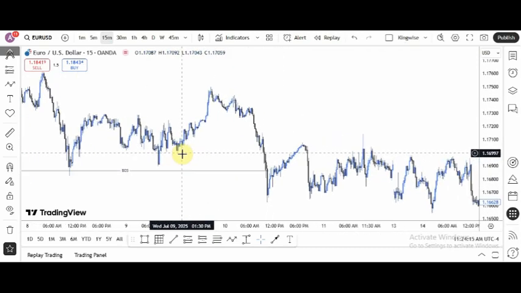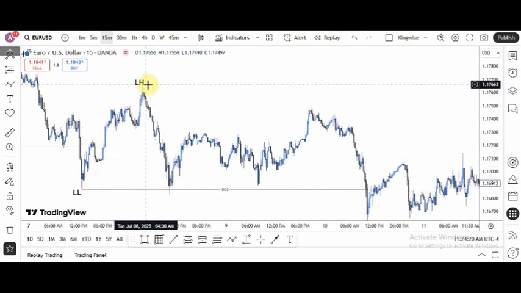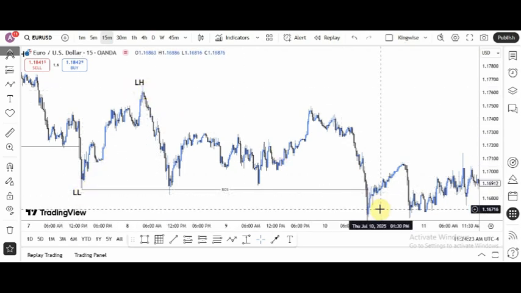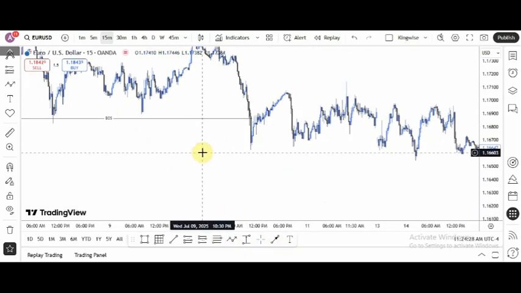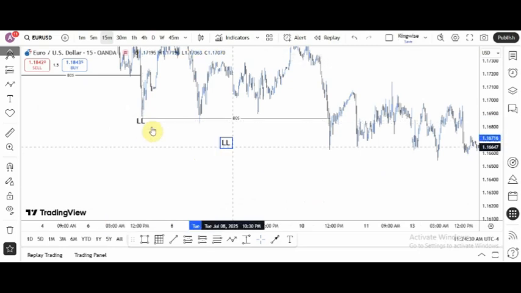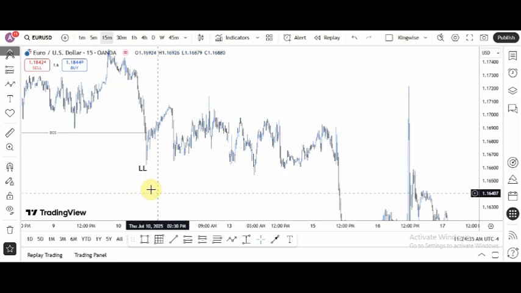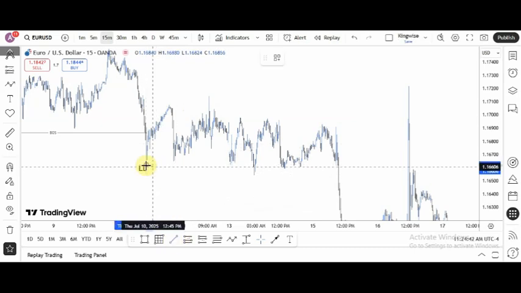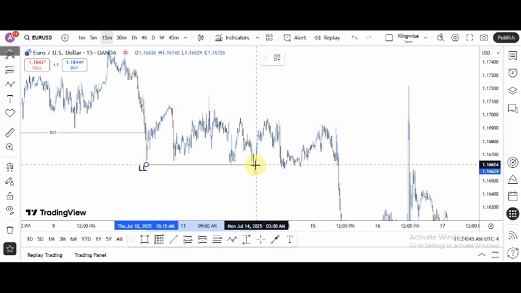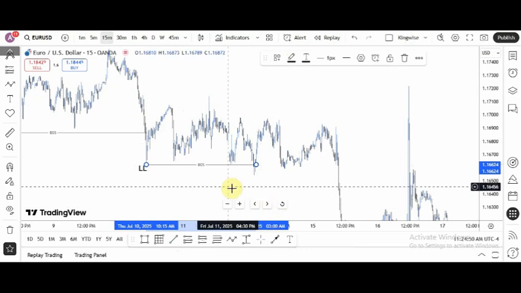So now, this is our lower low, our lower high. This lower high formed this new lower low here. Price pushed up, and then we look at where price broke this structure to form a new low.